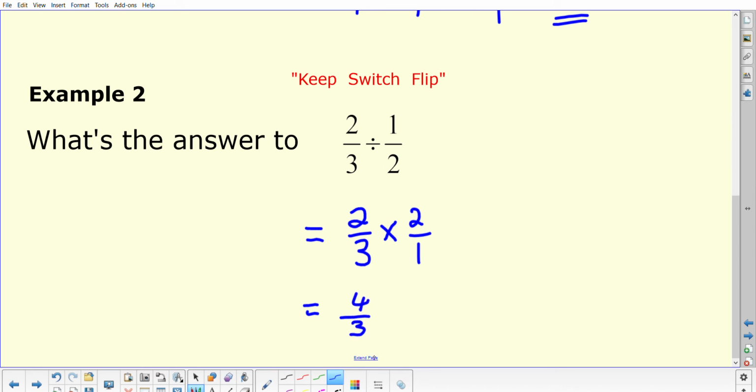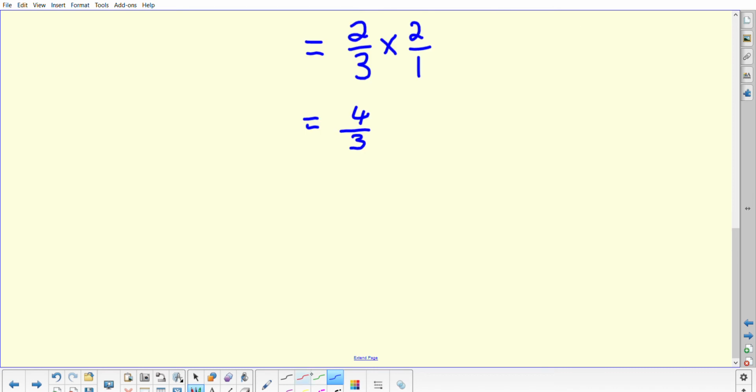3 times 1 on the bottom is 4/3. We should really change that back into a mixed number, so remember that means I would be doing bottom number into top number, so 3 into 4 gives me 1, and then I have a remainder, a bit left over, which would be 1.